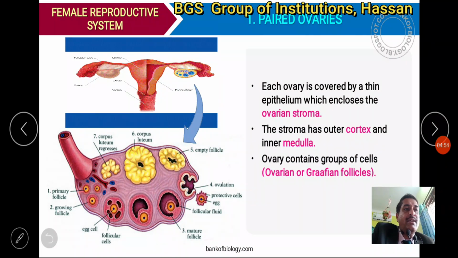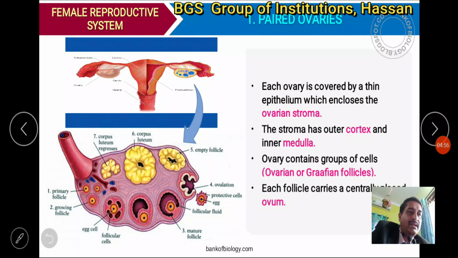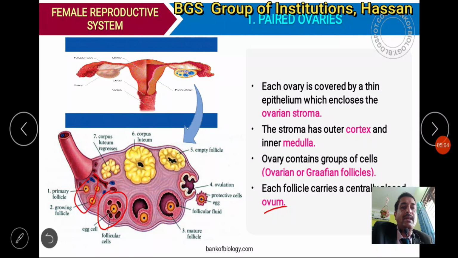In the Graafian follicle, we can see a centrally placed ovum, meaning the follicles contain the egg or ova in the beginning stage, which are centrally placed.